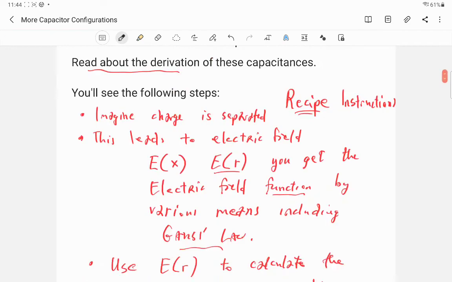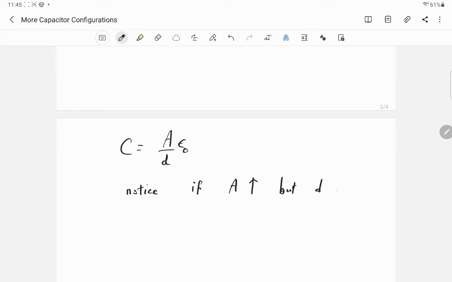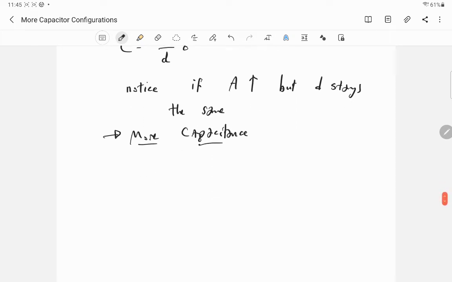Something that's really important to realize, again, for the parallel plate capacitor, remember the capacitance has the area on top, it's got the separation distance below, and then multiplies epsilon naught. Notice if A is caused to grow, but D stays the same, you get more capacitance. But let's think about what more capacitance means.